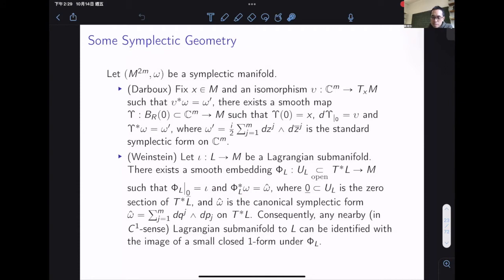Here, omega hat is the canonical symplectic form of the cotangent bundle.